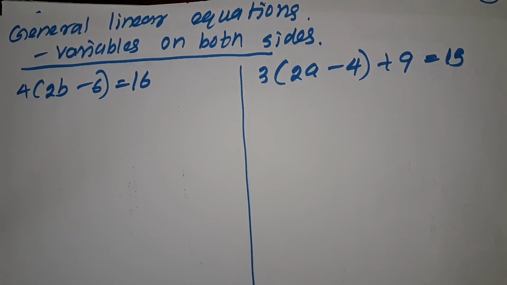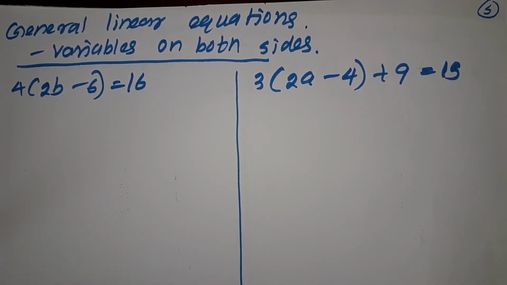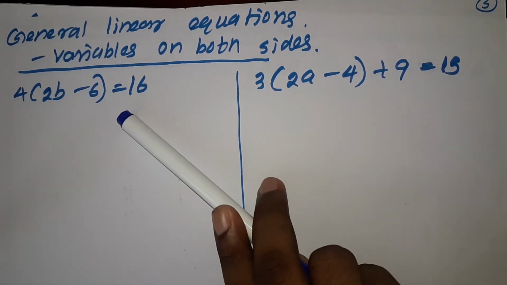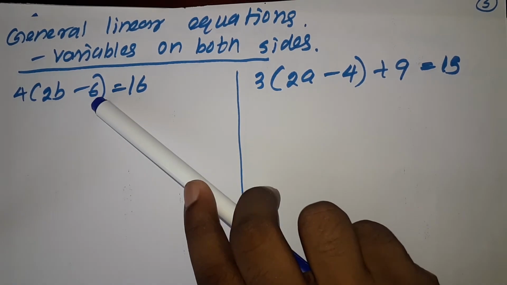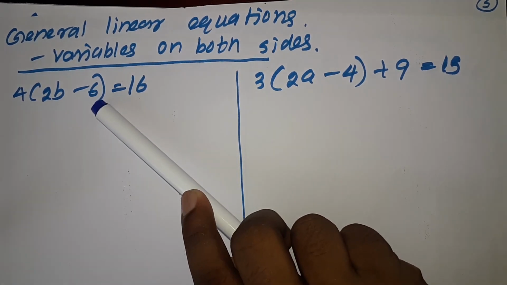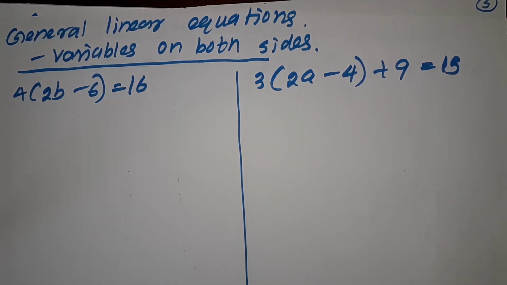Next we have general linear equations where the variables are on both sides of the equation. To begin with, first I have to expand this expression to make it easy to remove and transfer constants and variables across.